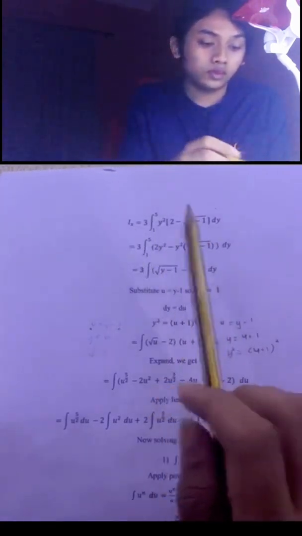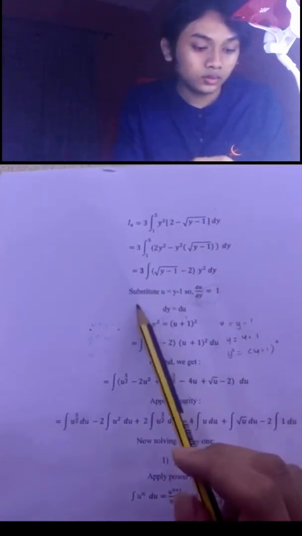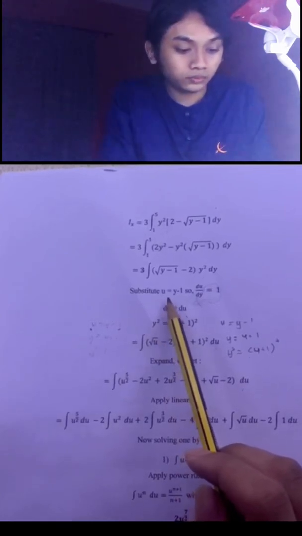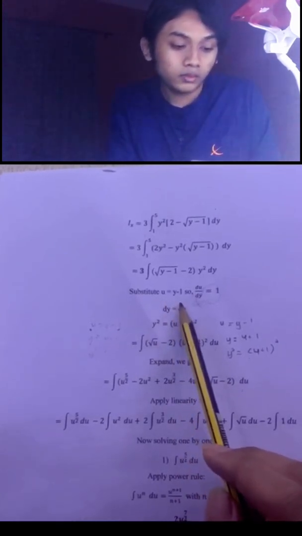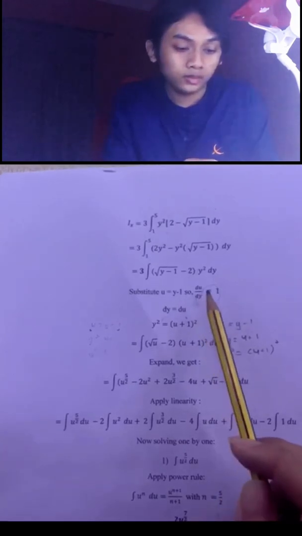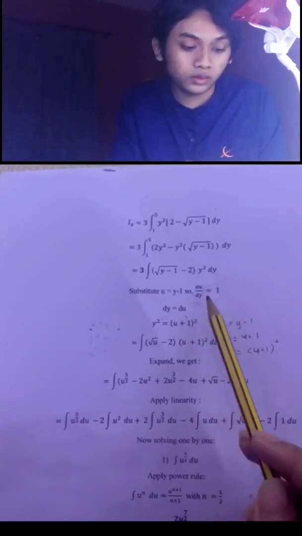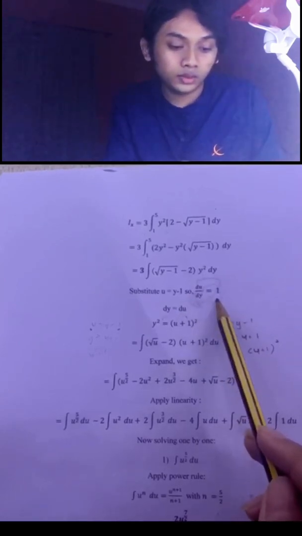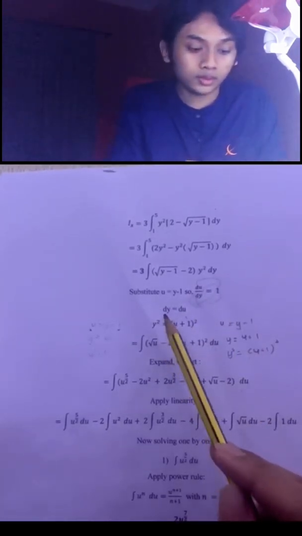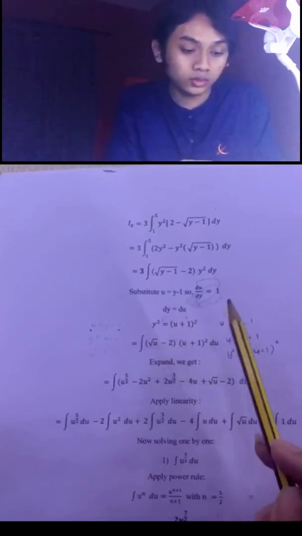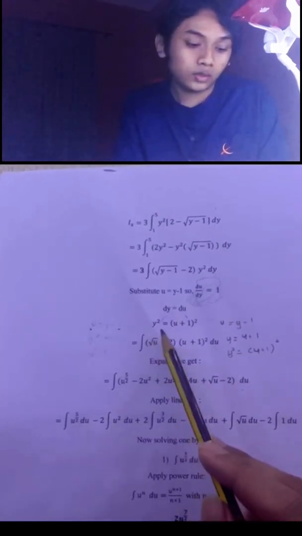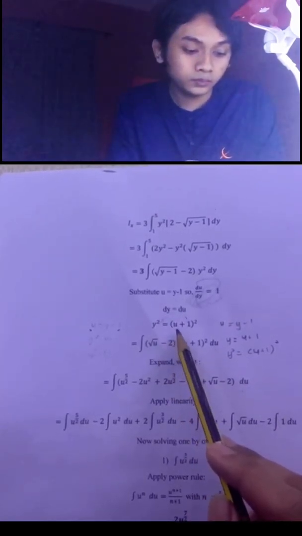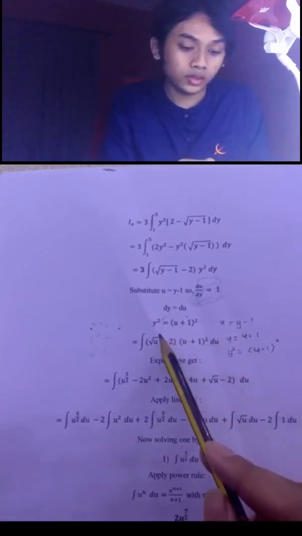And for this equation, we substitute u equal to y minus 1, so we get du over dy equal to 1. As we get du over dy equal to 1, we know that dy equals du, and y square is equal to u plus 1 square.